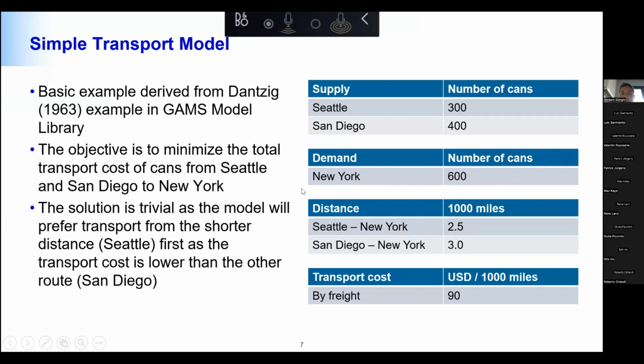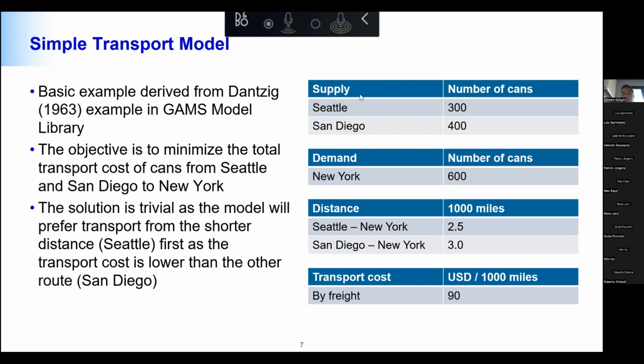And here, first of all, before moving to the simple transport model, do you have any questions up to now? Okay, if not, I will ask you a simple question after presenting this slide.